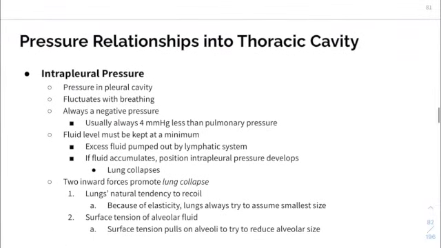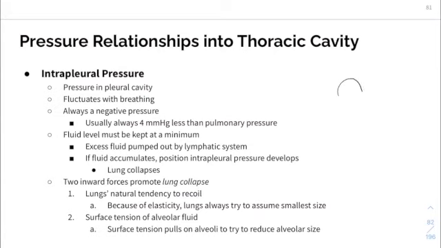As I already mentioned a little bit, we have intrapleural pressure. Intrapleural pressure is the pressure in the pleural cavity that surrounds the lungs.